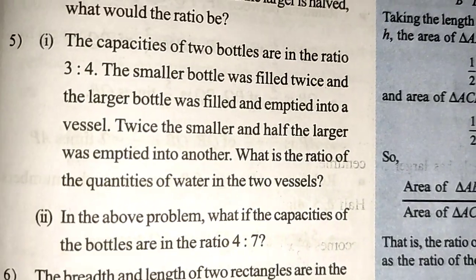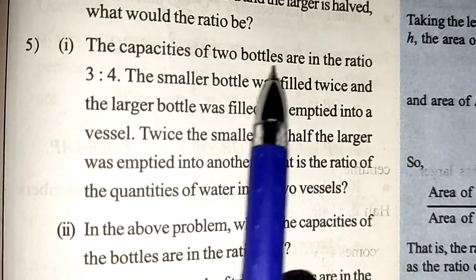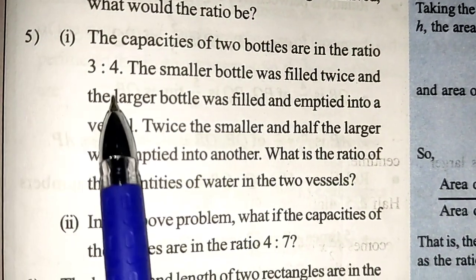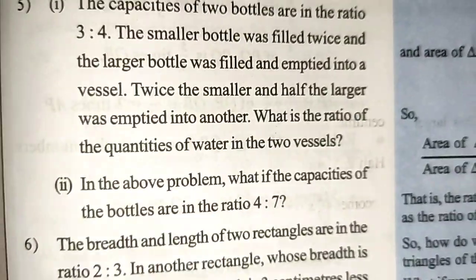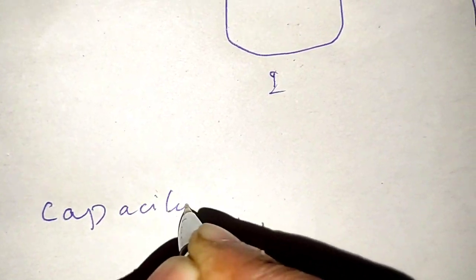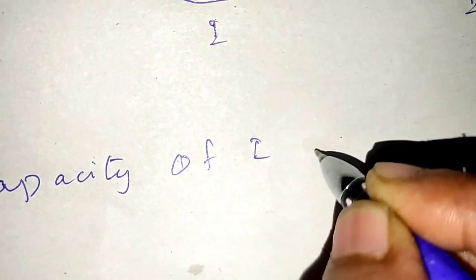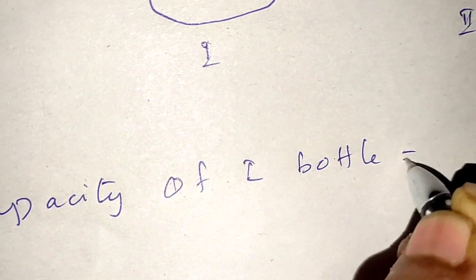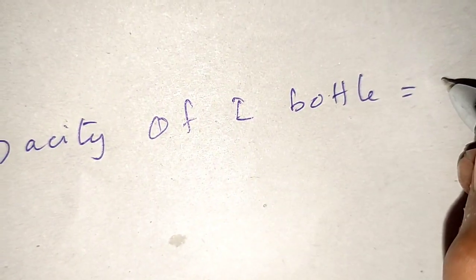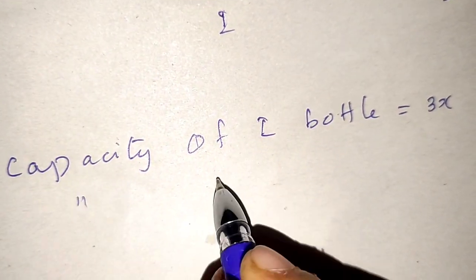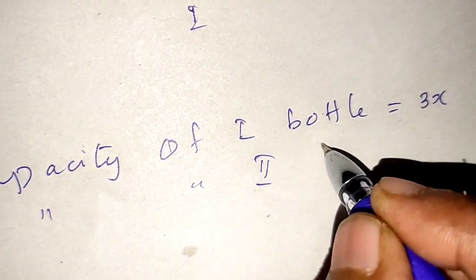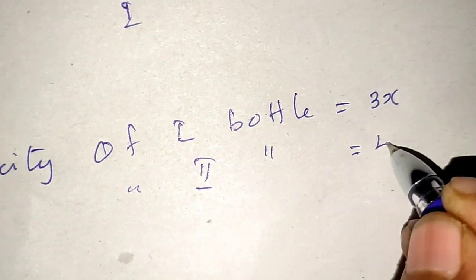So here we have two bottles in the ratio 3:4. Then what is the capacity of the first bottle? The capacity of the first bottle is equal to 3x, and the capacity of the second bottle is equal to 4x.